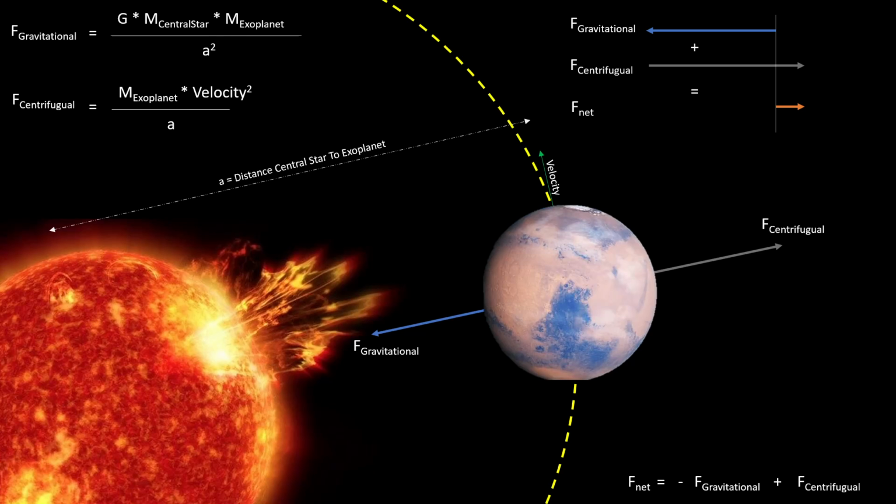Then, pushing it even further, we asked what if we have an exoplanet somewhere in the big wide universe circling some type of star? Can we somehow calculate the mass of the host star if we know the distance between the exoplanet and the host star and the period? So how long does it take the planet to actually make one orbit around the host star? And of course, you can calculate all that stuff.